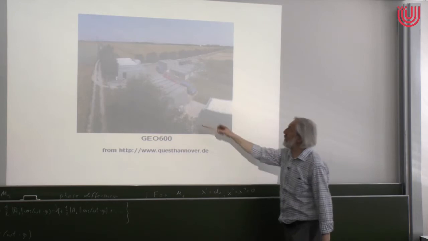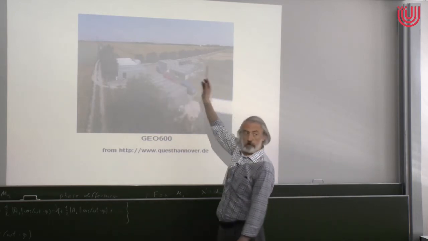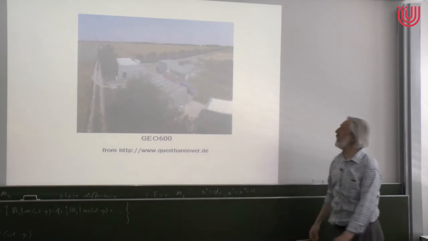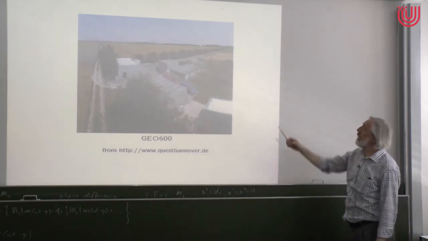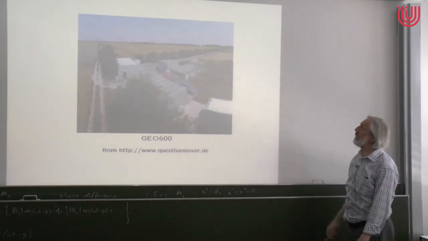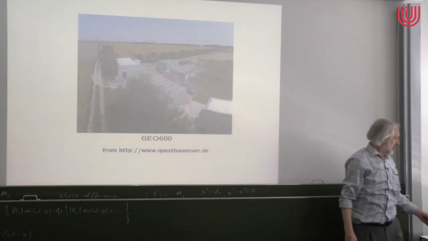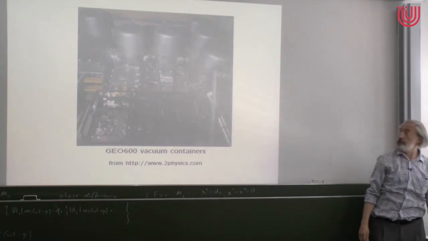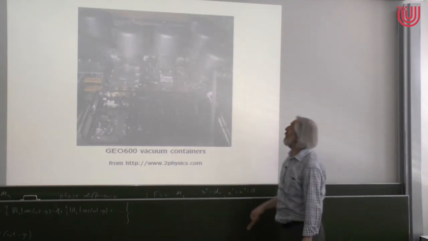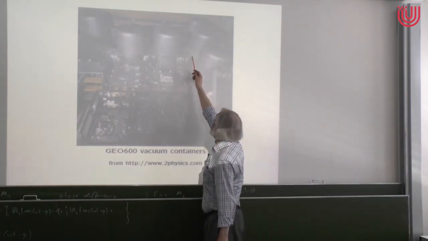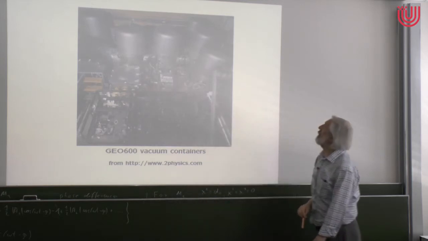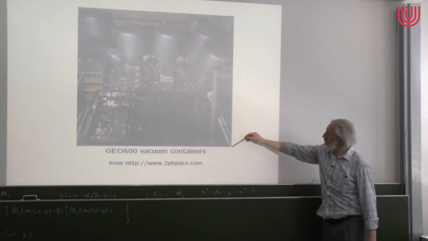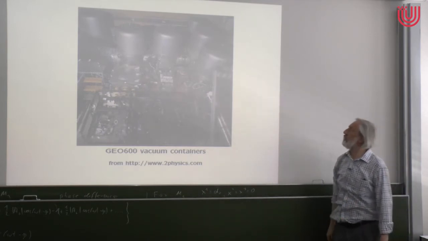Of course, the tubes have to be evacuated, because the laser beam is traveling in the vacuum out to the mirror and then back. And what you have inside this hut is all the technology. Of course, this also must be in vacuum containers. So here you see, I think this is a beam splitter. I think the beam splitter is in this container. Here you see one of the tubes coming out. Yeah, and then it leaves the building and goes to the mirror.